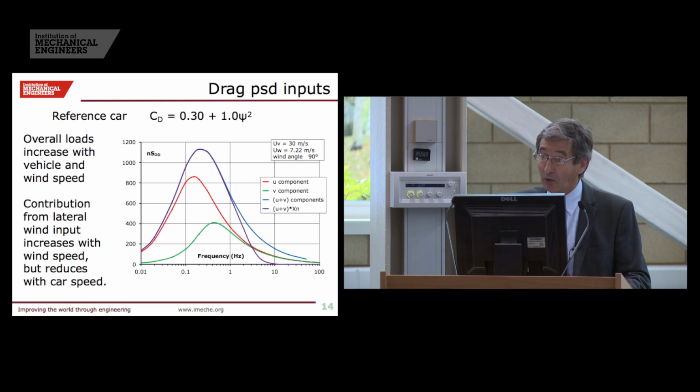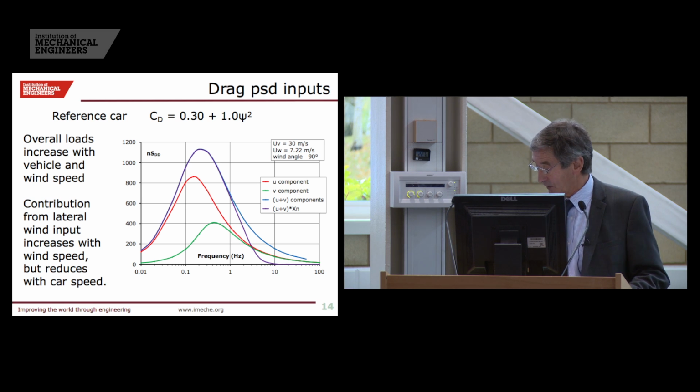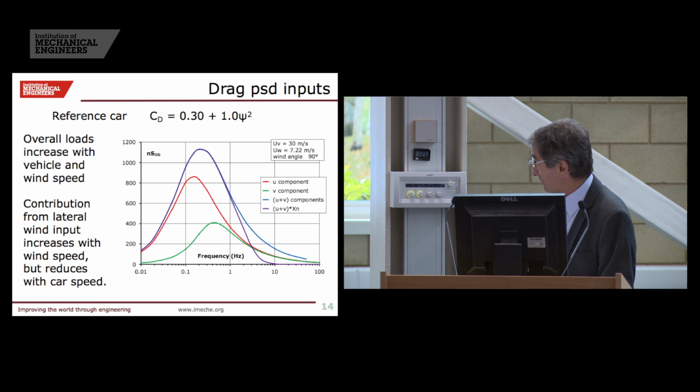A typical PSD input looks a bit like this, where the red line is the drag from the longitudinal component, the green is the lateral component. These are summed together to give the blue spectrum, and then applying the admittance function gives us the purple line.